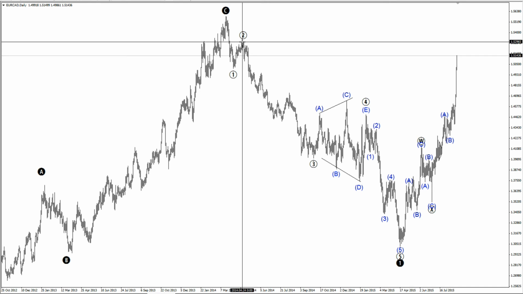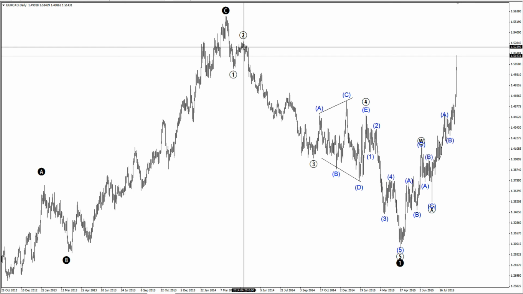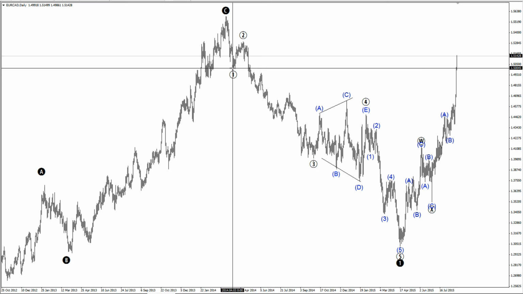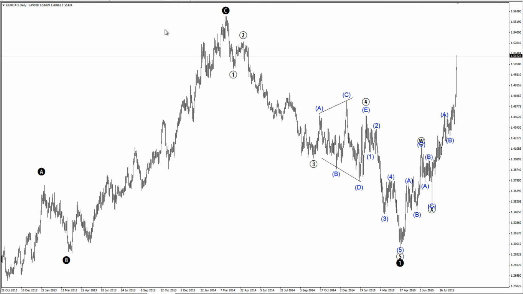This is an April 2014 level, so quite an old level we need to look for next. Also the next support level is dating back to April 2014, and it is at 150 even. So these are the levels. Quite a long way needs to be checked for these levels.